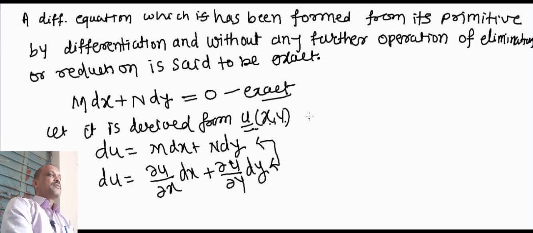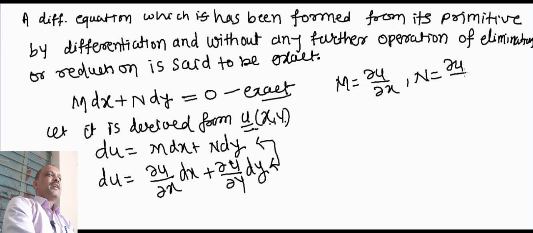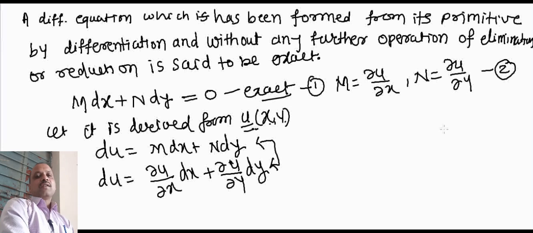Now when we equate this, we get M equal to del u by del x and N equal to del u by del y. This is equation number 1.